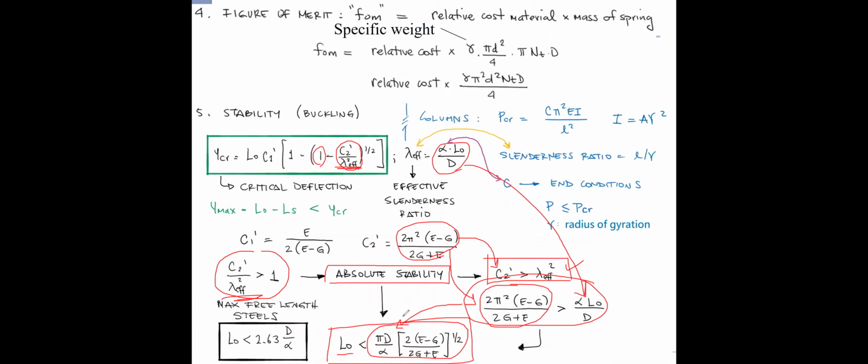And if the spring is made of steel, usually made of steel, we know the material properties of steel are the shear rigidity and the Young's modulus. So we can simplify this to a simple relation between the free length, the mean diameter, and the end condition.